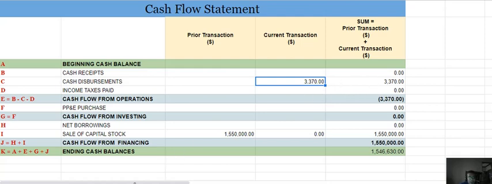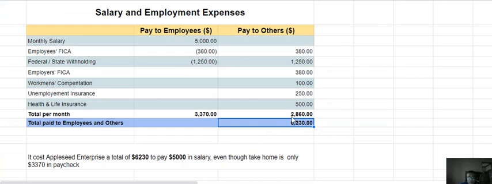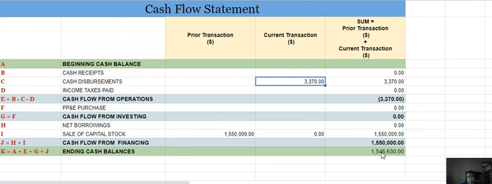The rest of the amount, $2,860, is the obligation of the company to pay to the government, insurance companies, and other agencies. But the company is still holding this amount. It is yet to pay this amount. So here you can see in this cash flow statement, the ending cash balance is $1.54 million.